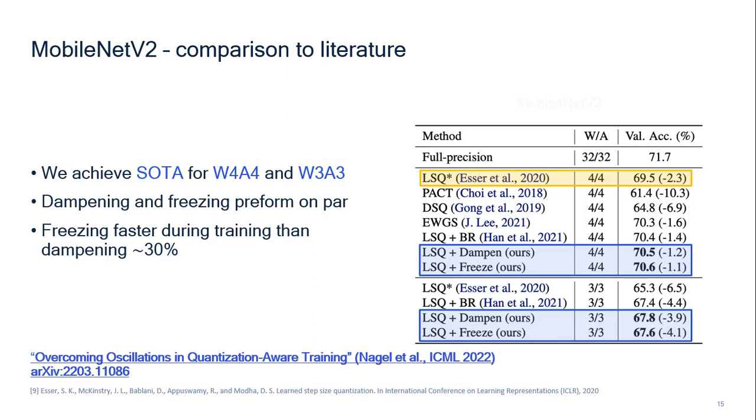For 3 bits, we improve even further with over 2% compared to LSQ, and a 0.4% increase against bin regularization. So it is worth noting that despite both dampening and freezing performing on par with each other, iterative weight freezing is 30% faster than dampening during training. And we provide many more results in our ICML paper.